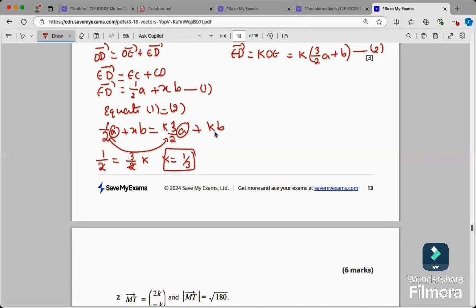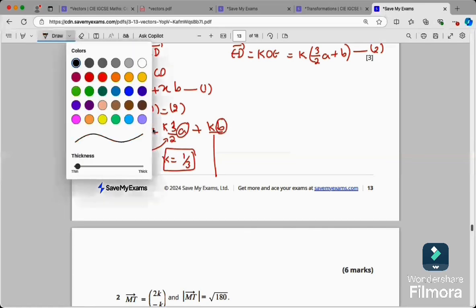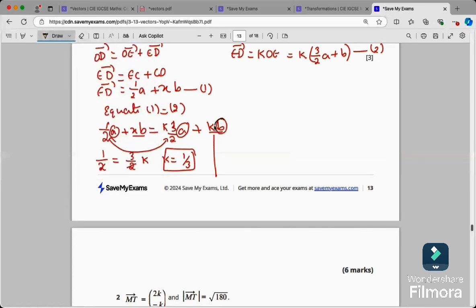And if you equate the B coefficients, let's take some other color so it will be easy, x is equal to K, therefore x is going to be 1 over 3.